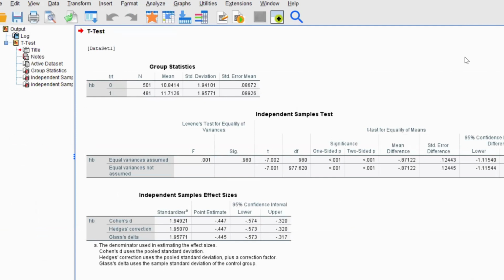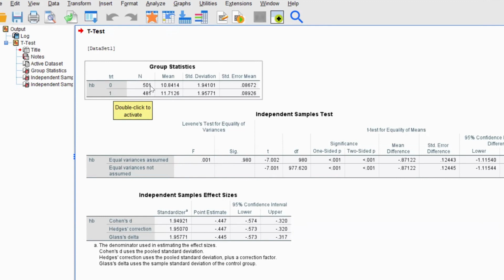Okay, this is my output window. This is the group that did not receive the iron supplements, and this is the other group that received the iron supplement. Those who received the iron supplements were 481 in number, and those who did not were 501.